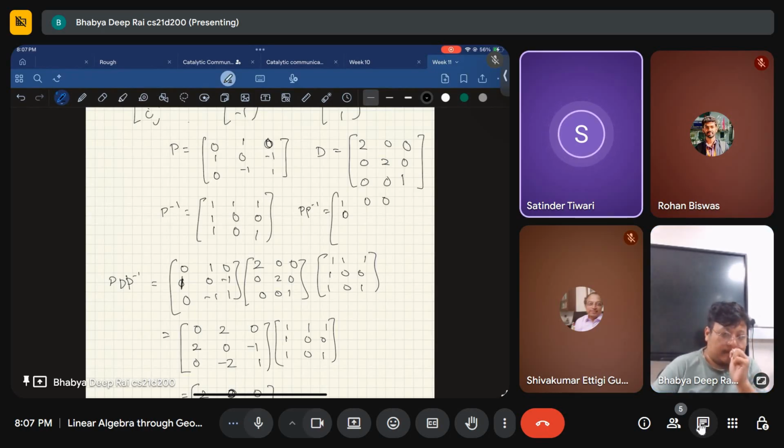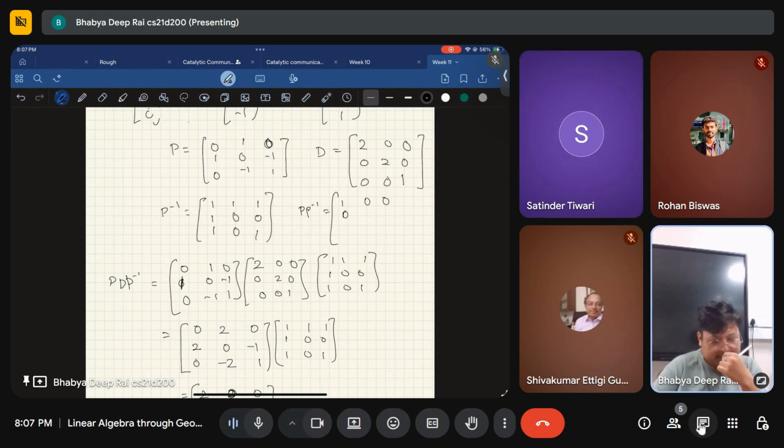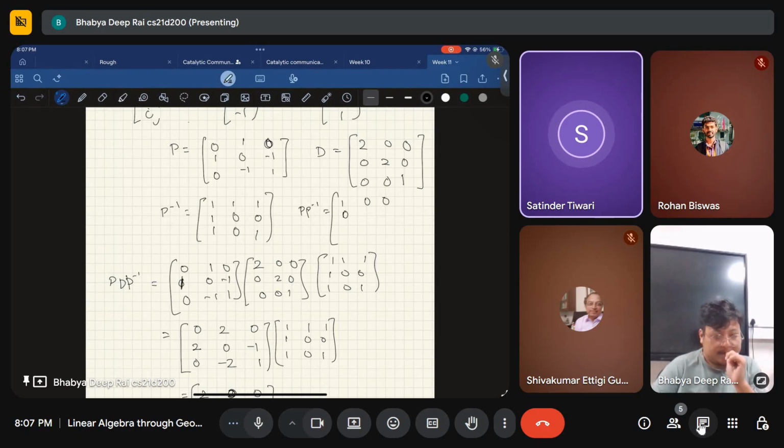Here we wrote 0 1 0 as the first column in P. If I take 1 0 minus 1 instead, it is also not going to affect anything, if I switch the order. It depends upon the choice of the student, which order he has kept, so the P matrix will be different for different students.